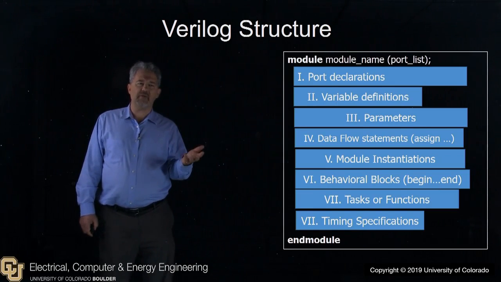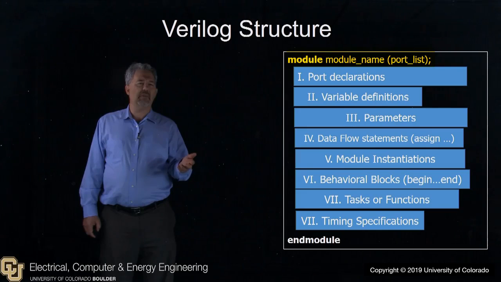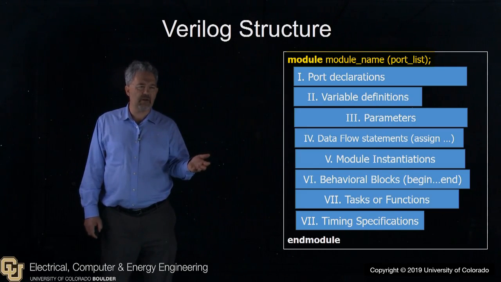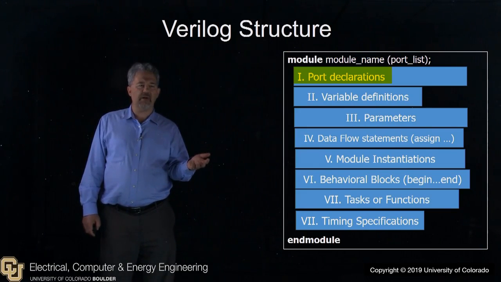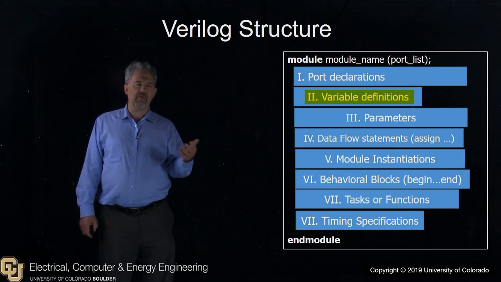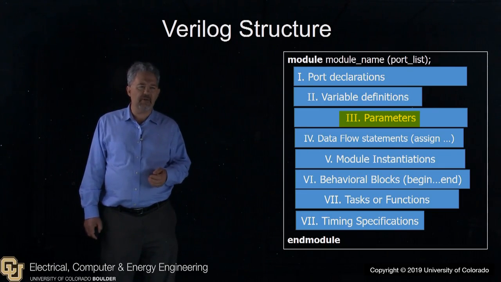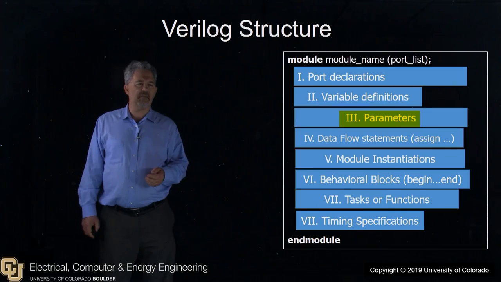So if we made a picture of a module, it would look something like this. You always have the module keyword followed by the module name and port list. But then you have port declarations to show the connections to the outside world of the module. Then variable definitions, then parameters, which allow us to quickly reconfigure the design at compile time.